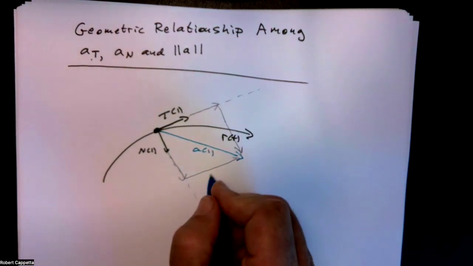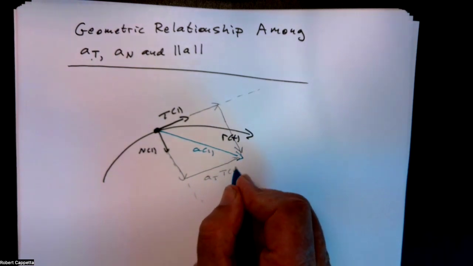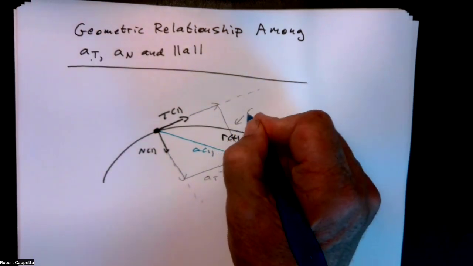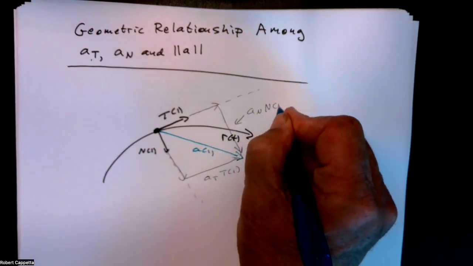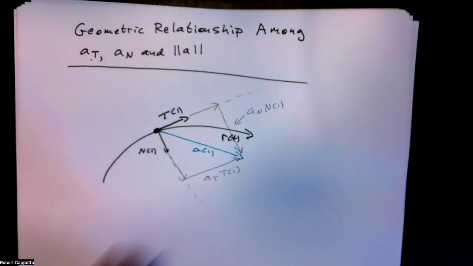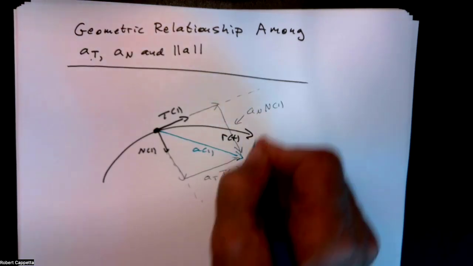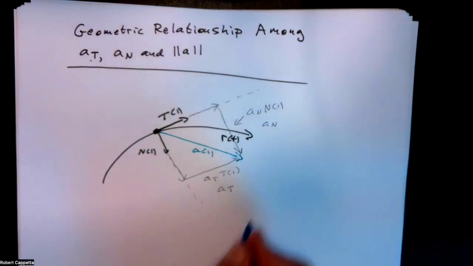So again, this is the vector a sub T times T of 1, and this is the vector a sub N times N of 1. Now their lengths, how long is that vector? This vector is a sub T long, and this one is a sub N long.